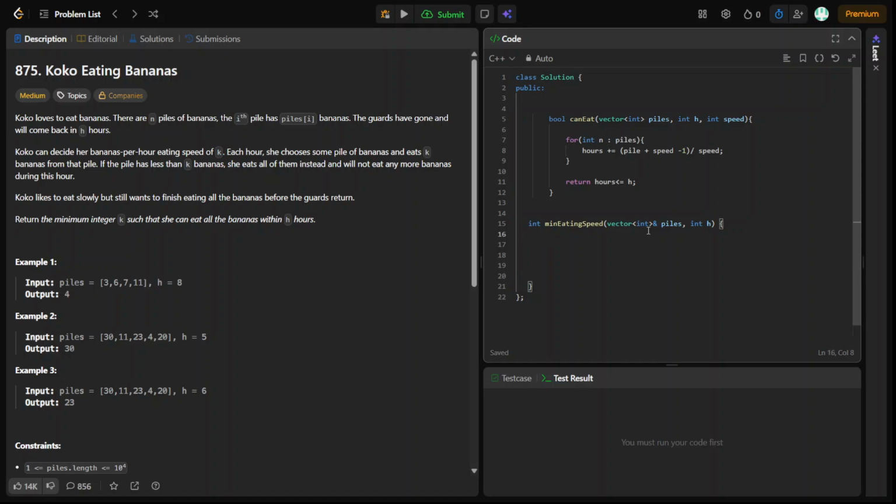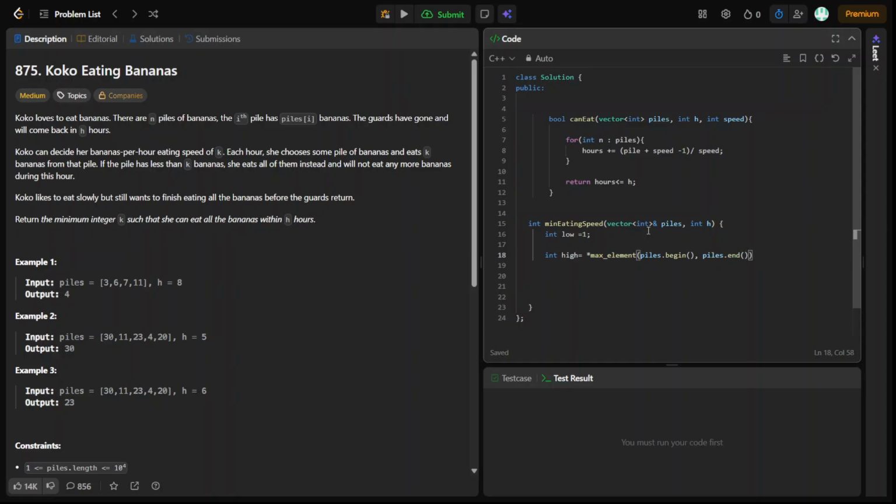Now we will be applying normal binary search, in which low would be 1 and high would be the max element, because we need the highest element among all of the piles, from piles.begin to piles.end.